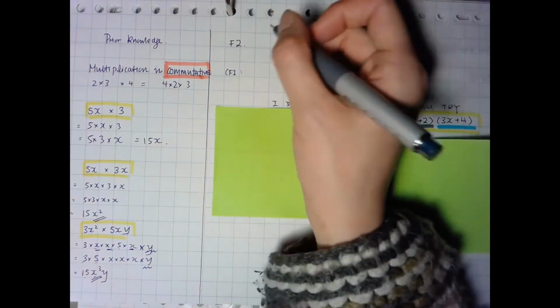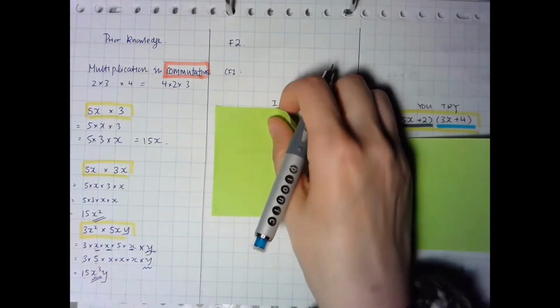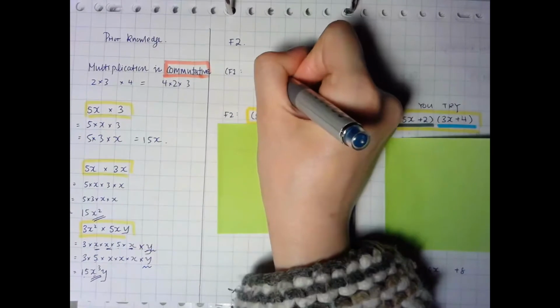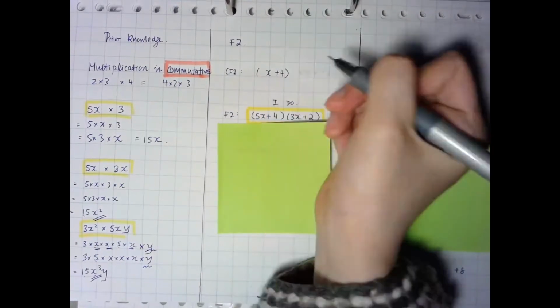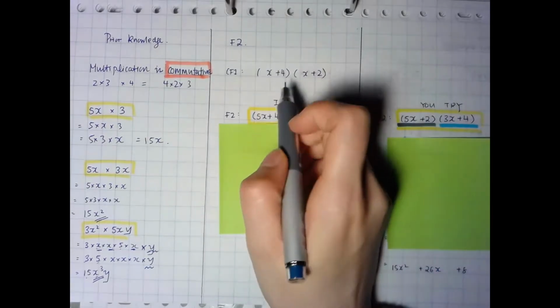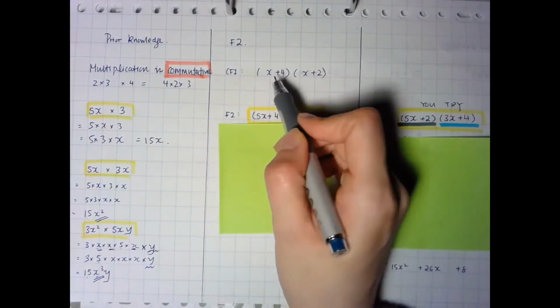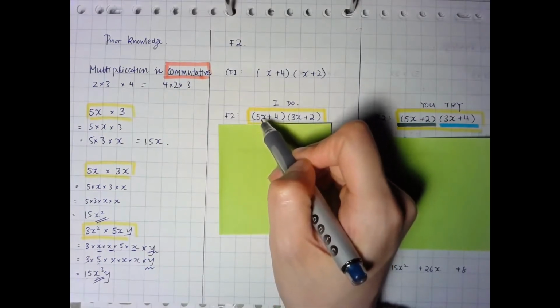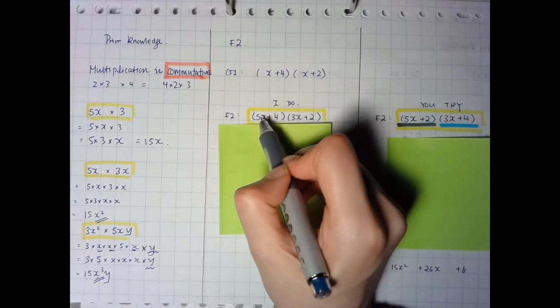Let me just remind you what an F1 question looks like and how you can compare that to an F2 question. So an F1 question was something like this: x add 4 multiplied by x add 2. This is just x on its own, 1x. But now in F2 we've got 5x. So I'm saying the coefficient in front of x changed from 1 to 5.